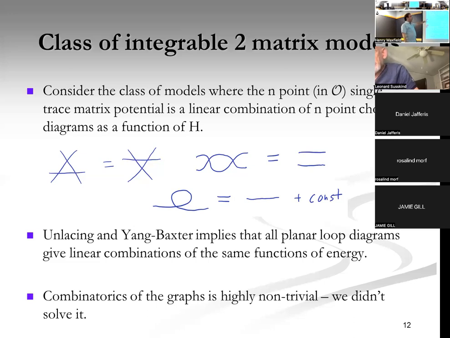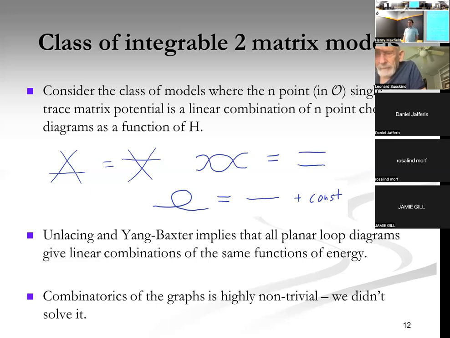So because we didn't solve that problem, we didn't get the specific map from the coefficients in the matrix potential to the coefficients in the amplitude. But at least you know that you're in a particular class of functions of energy, which is just, at any point diagram, there's a finite list of coefficients. Okay, so it kind of makes this model essentially solved.